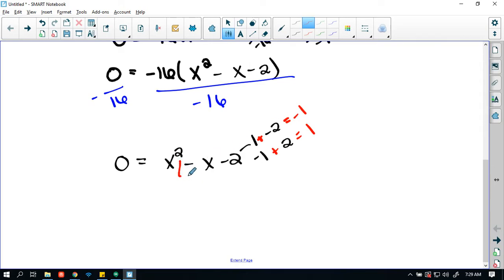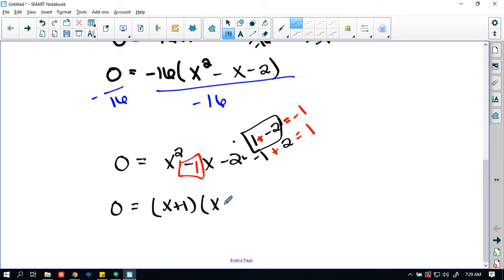We are looking for the negative 1. I know you don't see the 1 here, but it is a ninja 1. So I'm going to put that in. And the factors that work are 1 and negative 2. So 0 equals x plus 1 times x minus 2.